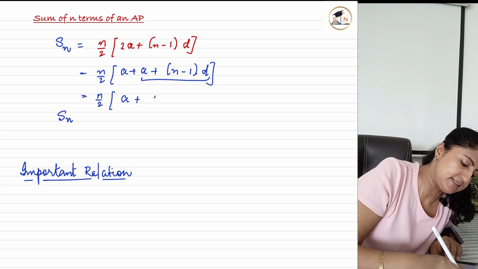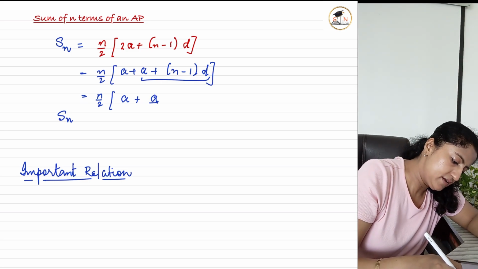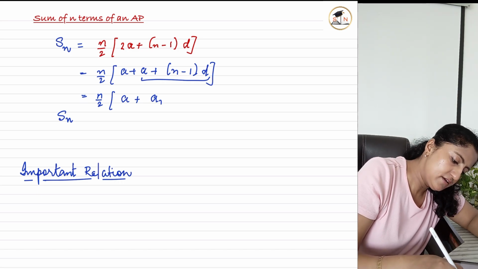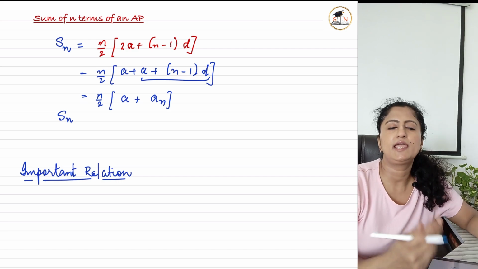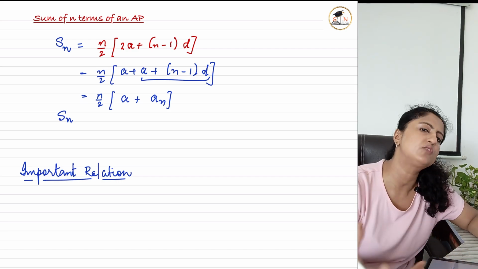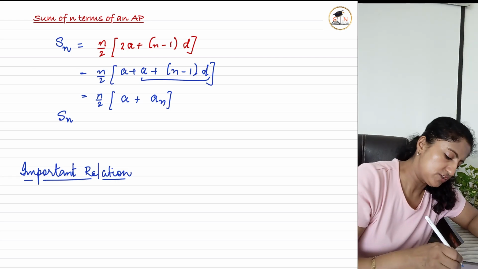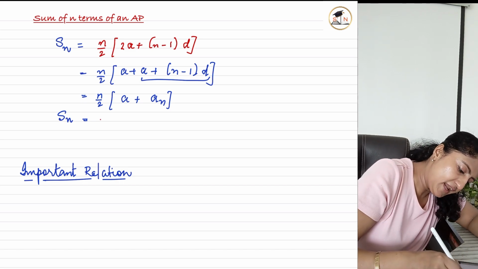So what we get is n by 2 times a plus an, right? What is an? An is always the last term, in the sense till the nth value, it is the last term, right?